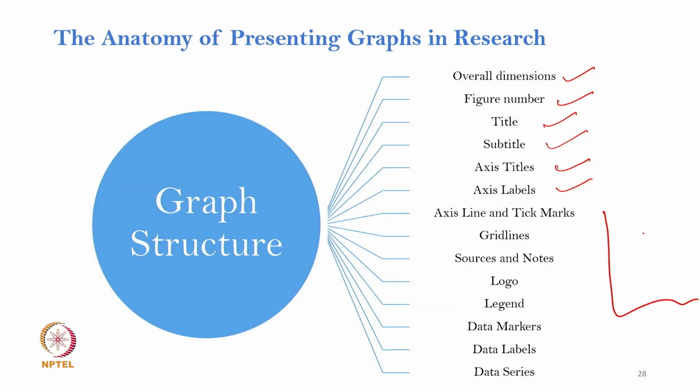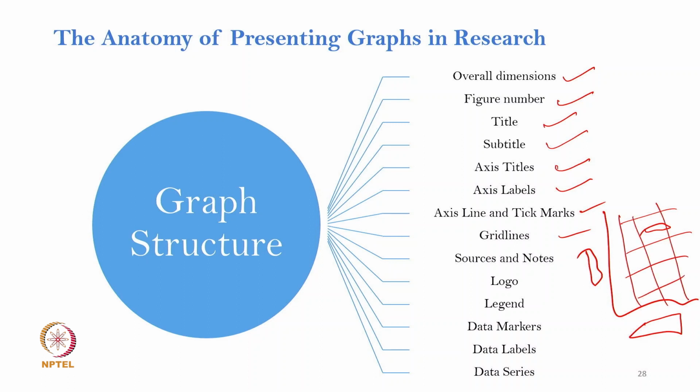You should have some labels here, here, and here, and axis lines and tick marks and grid lines. You can always put grid lines and sources and notes. If you are going to borrow the image from a particular source, it is always good to have the source, which source this image is from.